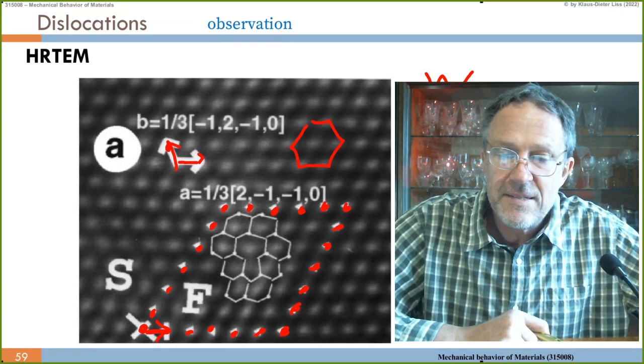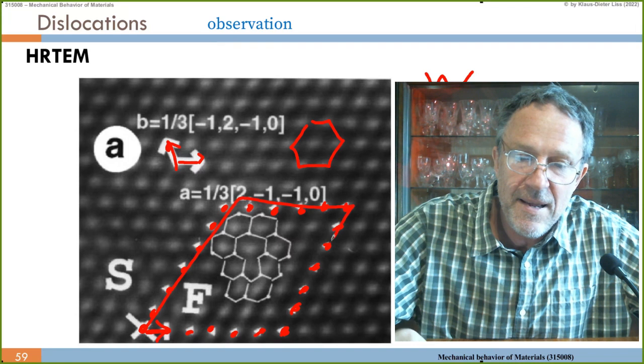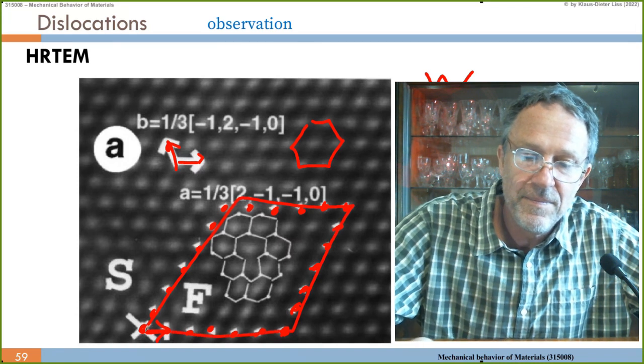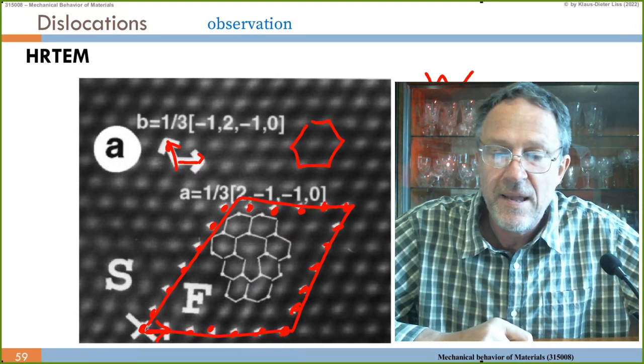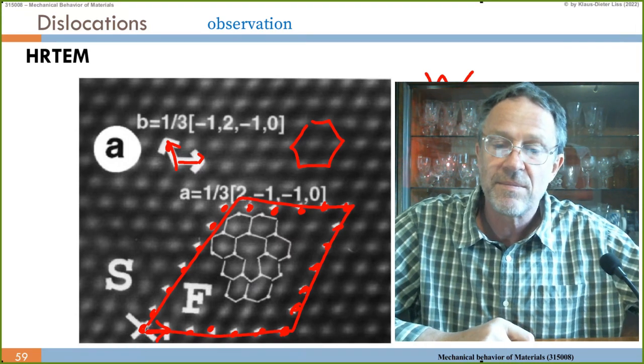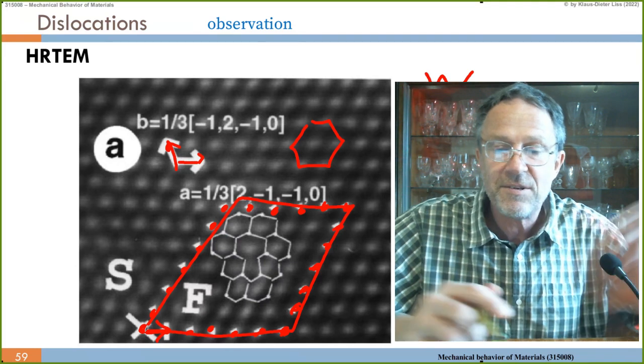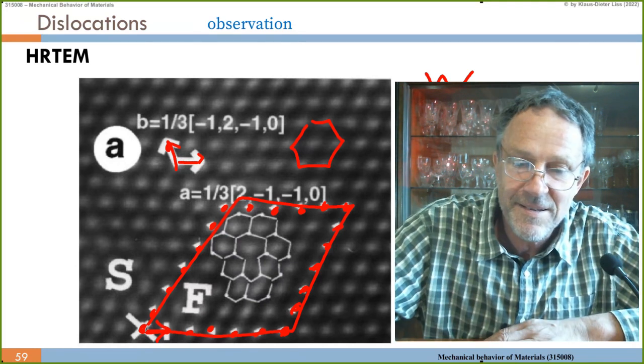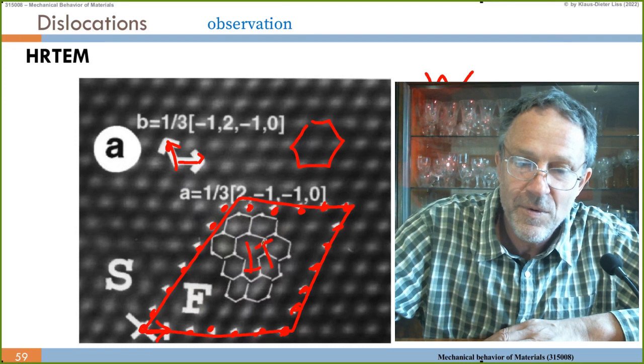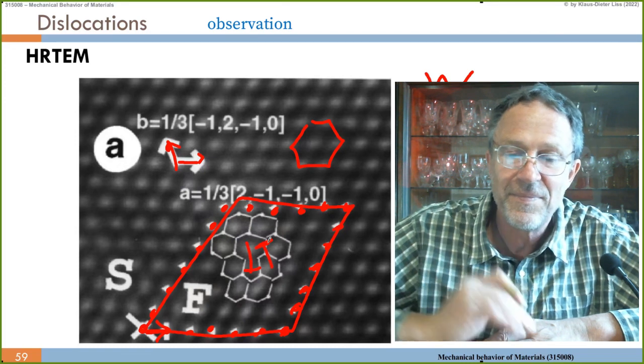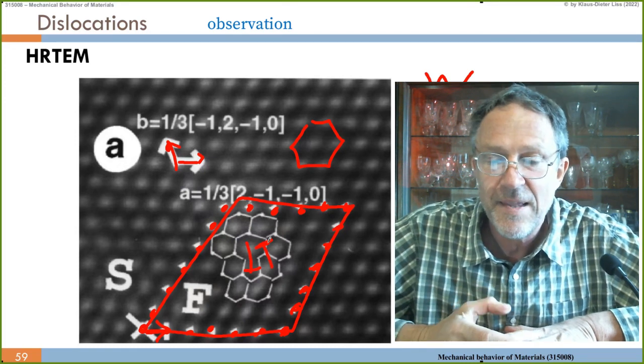That means somewhere in this area here, including the Burgers vector, is a dislocation. Now it's really hard to say, is the dislocation here or is it there? It's hard to say, but we know.